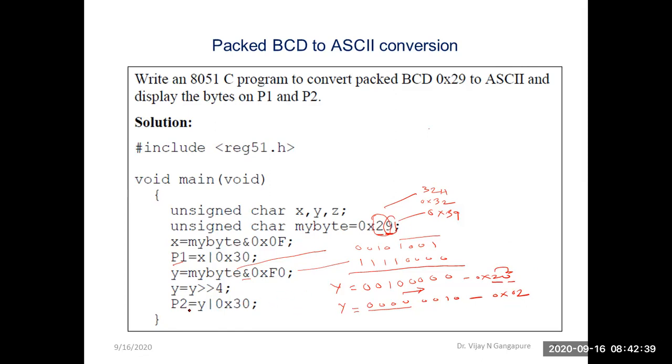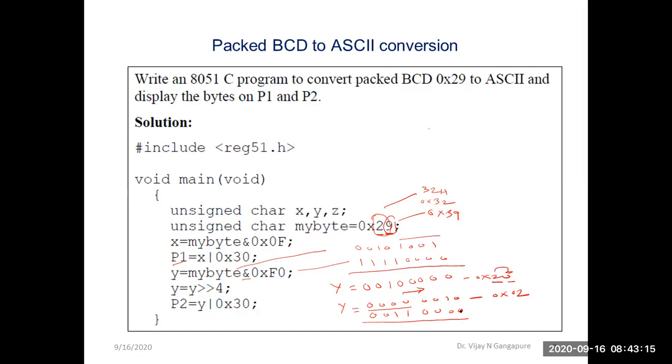0x02. Next, y is bitwise ORed. This bar means OR. So whatever content is in y is bitwise ORed with 0x30. What is 0x30? That is 0011 0000. So there will be a bitwise OR operation between these two data items: these 8 bits available in y, and these 8 bits, 0x30, directly specified in the statement.